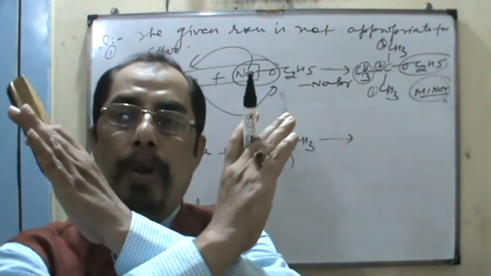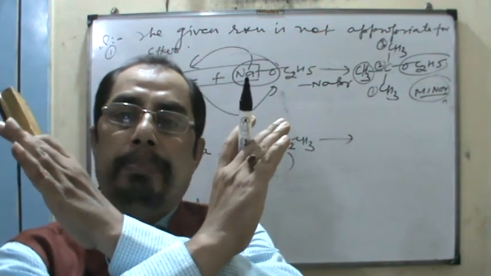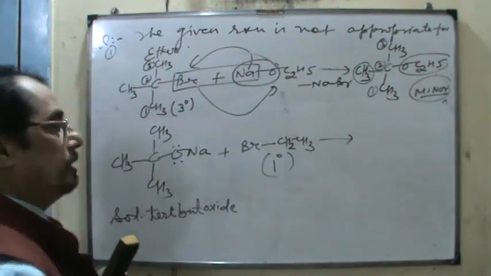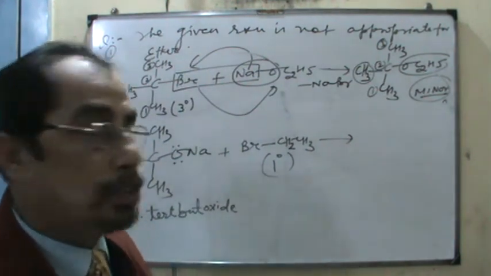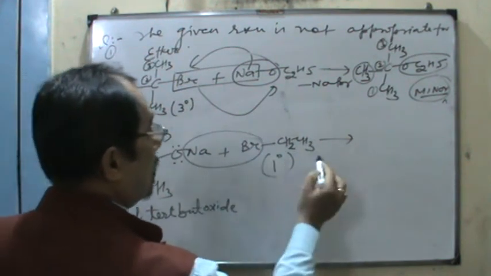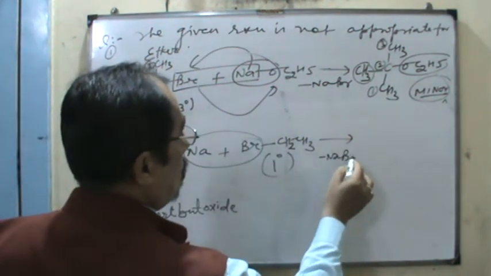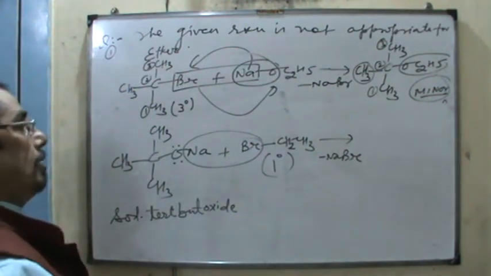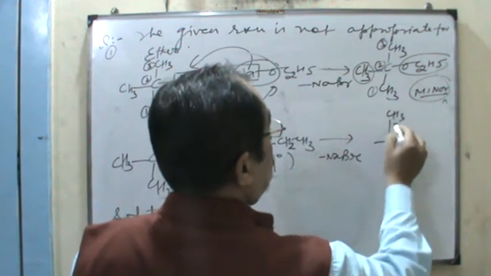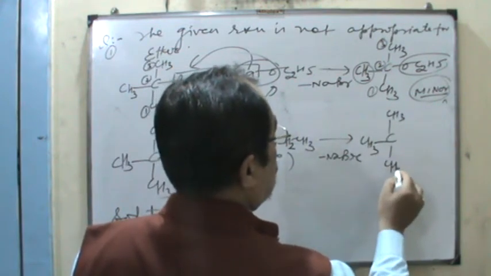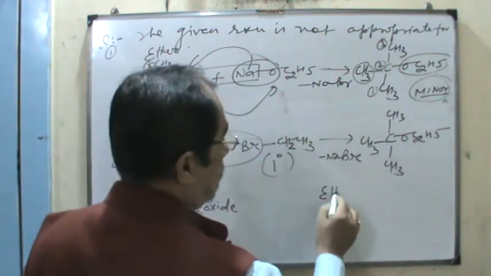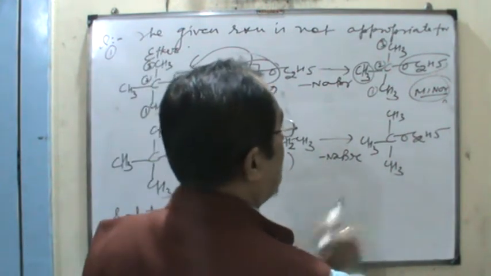It is just a kind of swapping. ONa is replaced with the help of bromide. Now it will not act as a strong base as well as nucleophile. So NaBr is replaced here. It is very much a nucleophilic substitution reaction, and major ether is obtained, CH3, CH3, CH3 and C2H5, ethyl tertiary butyl ether.